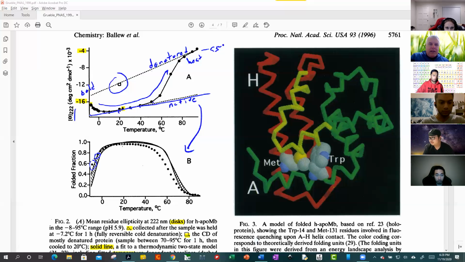So what is the ellipticity now, or is the folded fraction now, has it gone up to 1 instantly? Basically. No. No, it hasn't. Right? Because in those 10 nanoseconds, the water has heated, but the protein hasn't caught up yet.